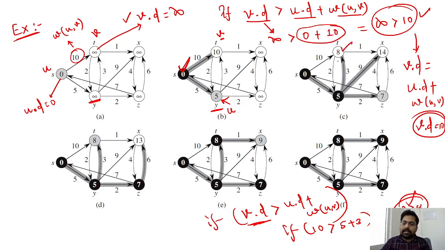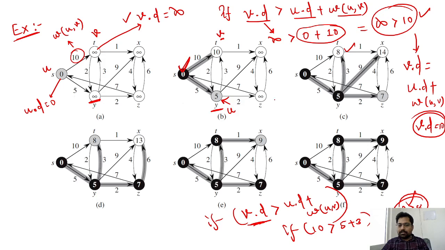So here 8 is written. Clear? So like that, there are also the values. Previously it was infinity. Infinity is greater than 5 plus 9. So it's 14, no? So that will be updated as 14 using this link. Clear? Using this link, we can update the value as 14. Next, z is connected. You can say previously it was infinity.